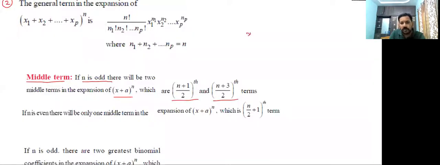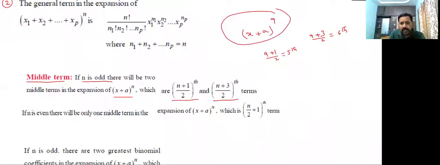For suppose (x + a) whole power 9, the power is odd. The middle terms are (9 plus 1) by 2, that is the fifth term, and (9 plus 3) by 2, 12 by 2, the sixth term. So here the fifth and sixth terms are the middle terms in the expansion of (x + a) whole power 9.